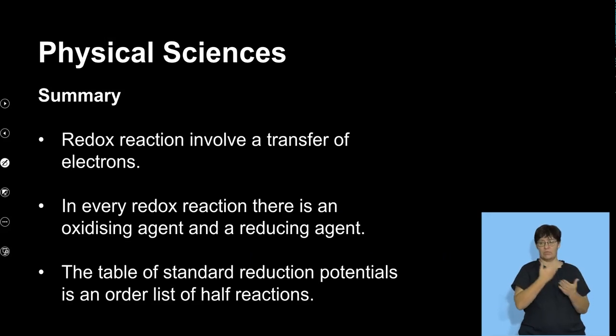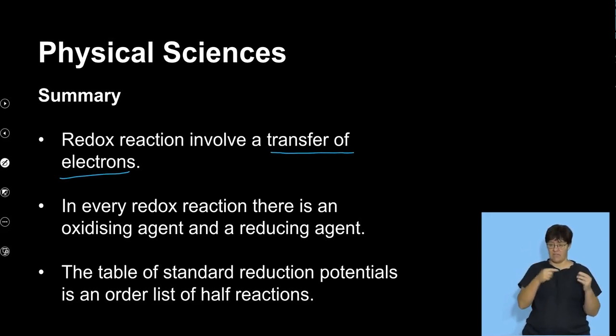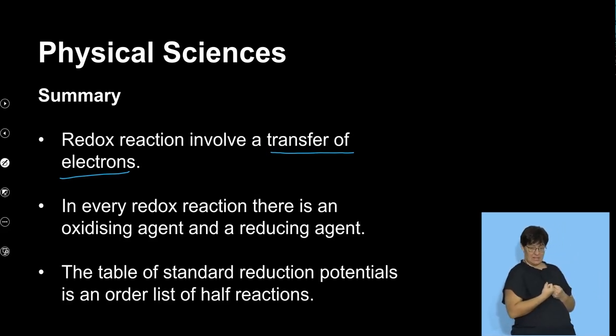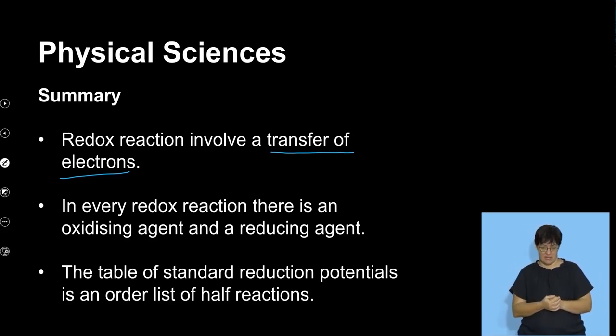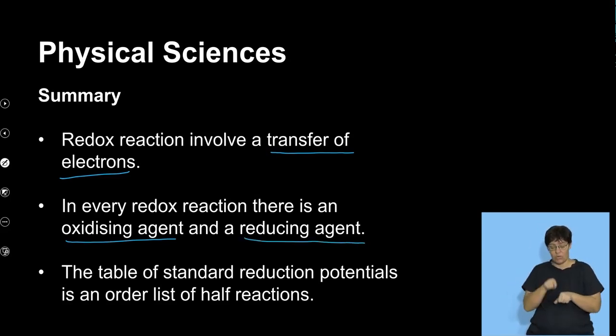So in summary, what are we saying? Redox reactions actually involve the transfer of electrons. So in the transfer, there's the loss and the gain. These happen simultaneously, or at the same time. And also, in every redox reaction, there is an oxidizing agent, the substance that loses, and the reducing agent, the substance that actually gains.